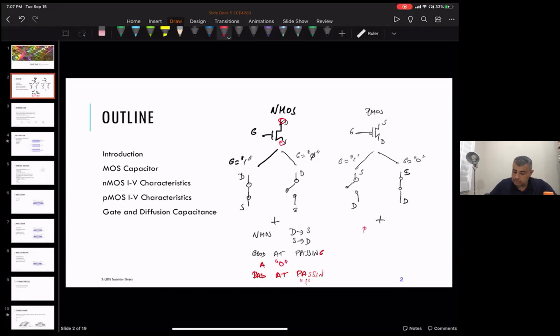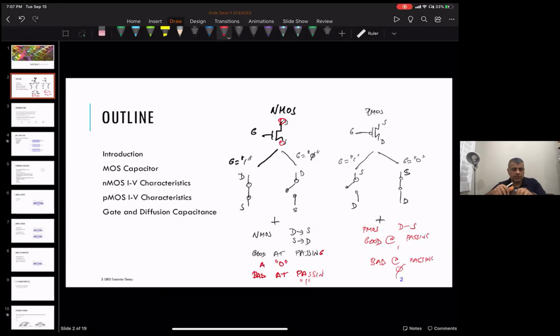And then vice versa for the PMOS from drain to source. Even when it's on, it's good at passing a 1 and bad at passing a 0. Okay, so that's the only thing we were thinking about these transistors.